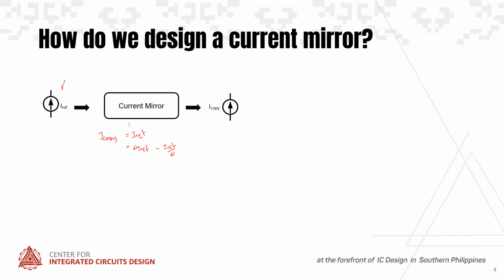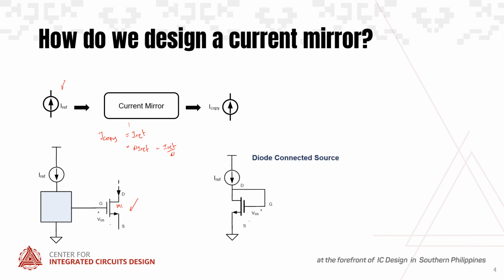So, how would we design a current mirror using a MOSFET? Remember that our IREF or our MOSFET here, let's say this is M1, is a voltage controlled device. This, nag-diode connected na siya.